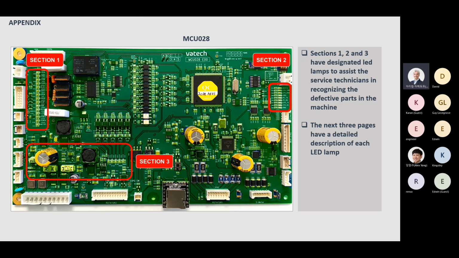As I explained before, we added these LED lamps in section 1, section 2, and section 3 on the MCU board. These lamps can assist service technicians in recognizing where the defective parts are in the machine.